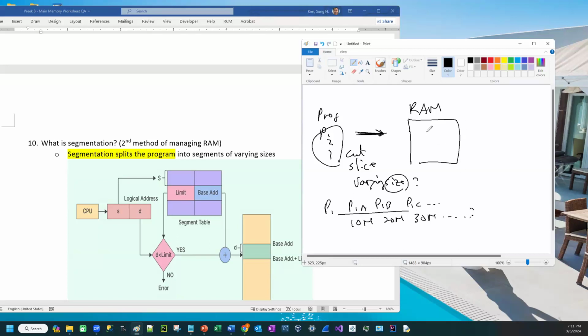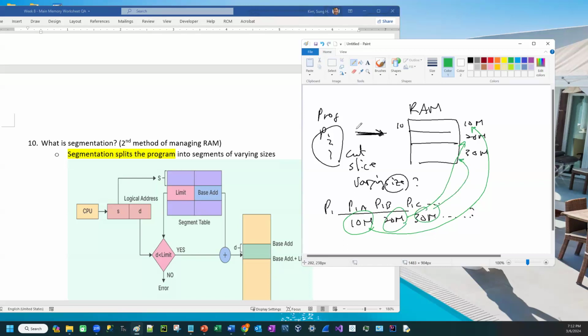Because in my RAM, I have 10 meg available here, and 20 meg available here, and 30 meg available here. So I don't have to worry too much about allocation. I can just designate this over here because I would have a table that tells me what's available. For this one, I can put it right here, and for this one, right here.